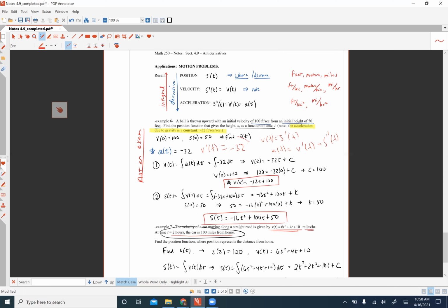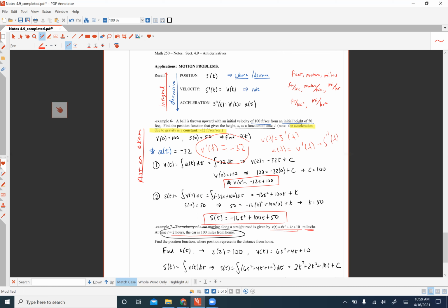So here's a kind of real life differential equation. The acceleration, which is the change in the velocity, is minus 32 feet per second squared. So to get the velocity, we have to solve the differential equation v prime of t equals negative 32.